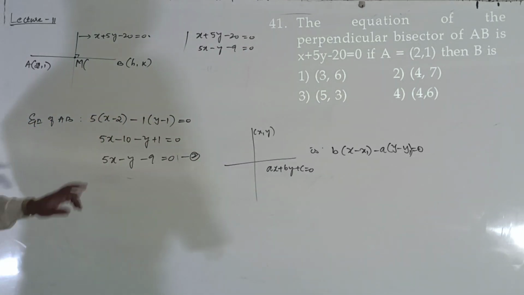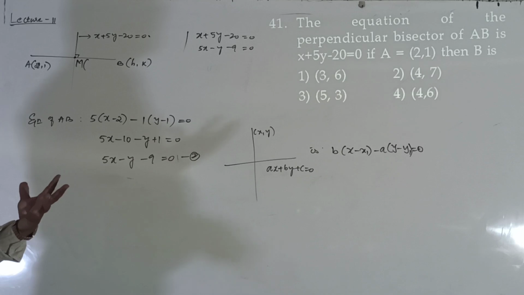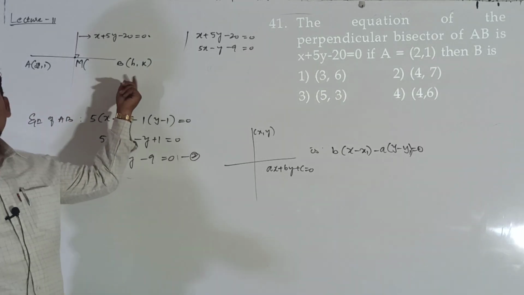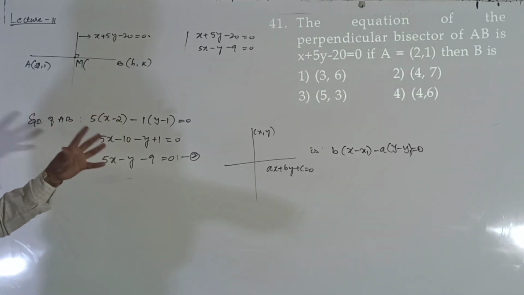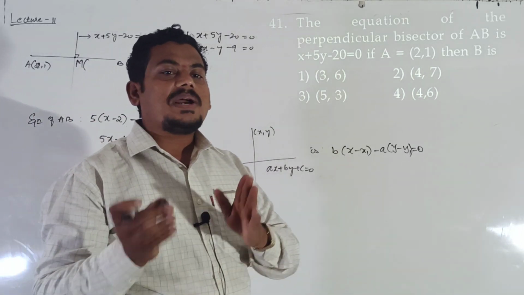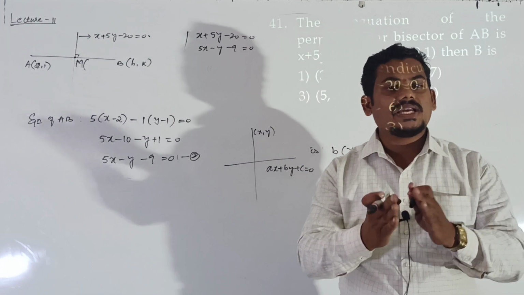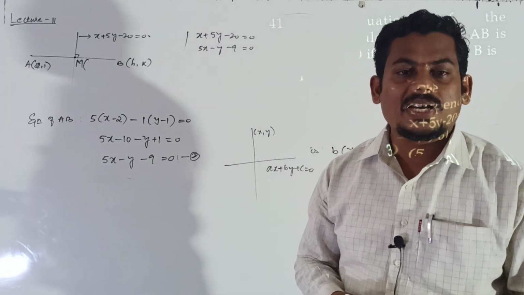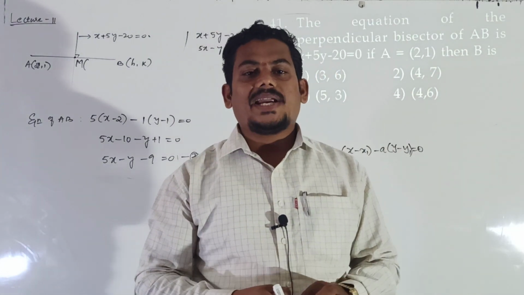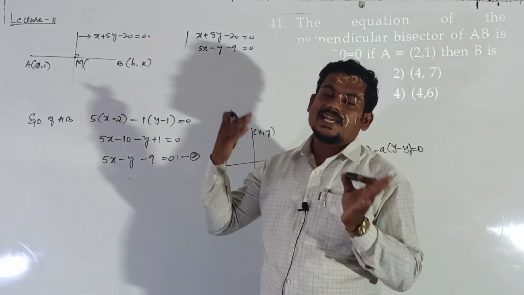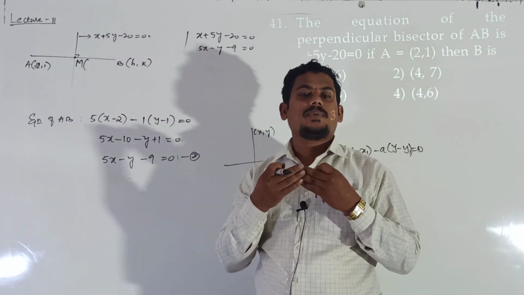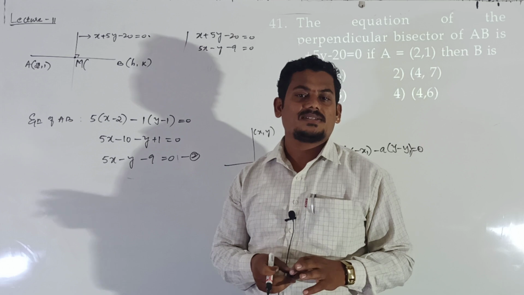We need the point of intersection of the AB line and the given line, then only we are able to find the coordinates of B, right? The coordinates of M are nothing but the point of intersection of the given line and the AB line. First find the equation of AB, then solve the two equations, then you get the coordinates of M. After getting the coordinates of M, using the midpoint concept, we can find the coordinates of B, right?